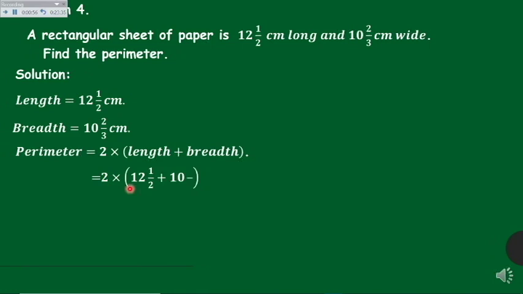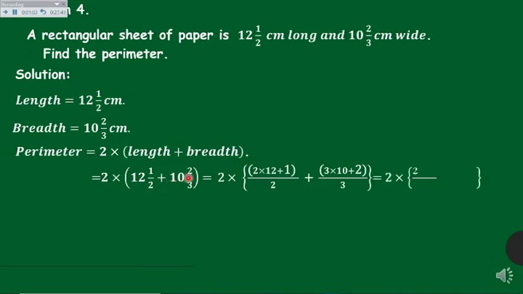Now put the values. 2 multiplied by, in place of length you write 12 whole 1 by 2, in place of breadth 10 whole 2 by 3. And here we follow the same step which we did in part 6 of question number 1. Here also we will do the same thing.